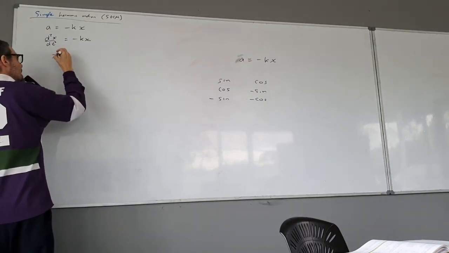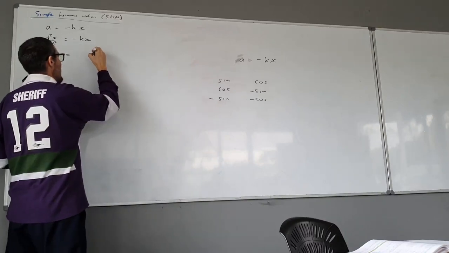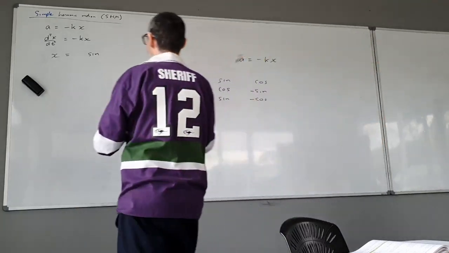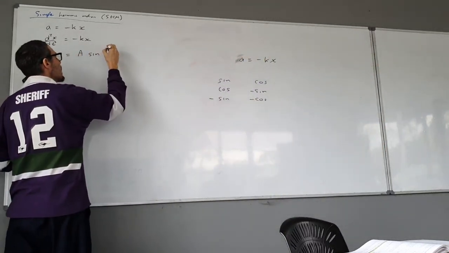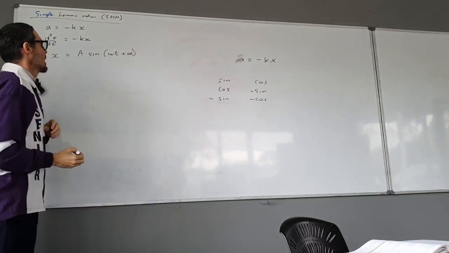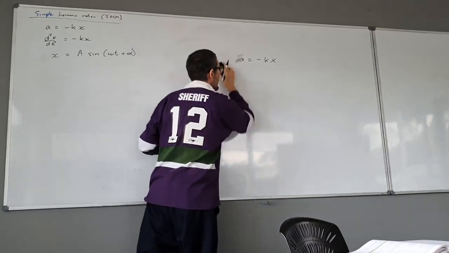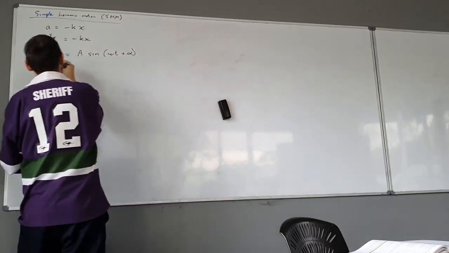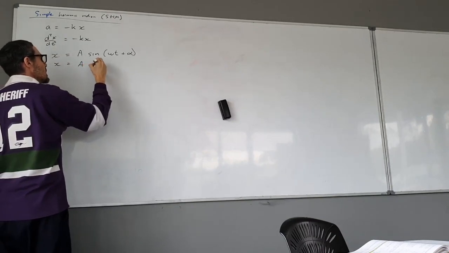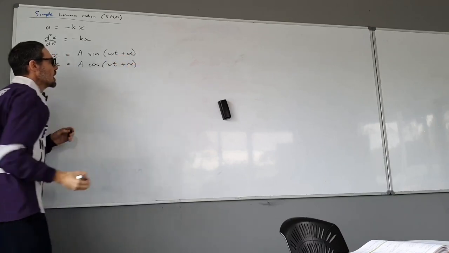the solution is x is some kind of sine function. Now I'm going to write it in a particular way. Or cos. Maybe I should write that: or A cos of omega t plus something.